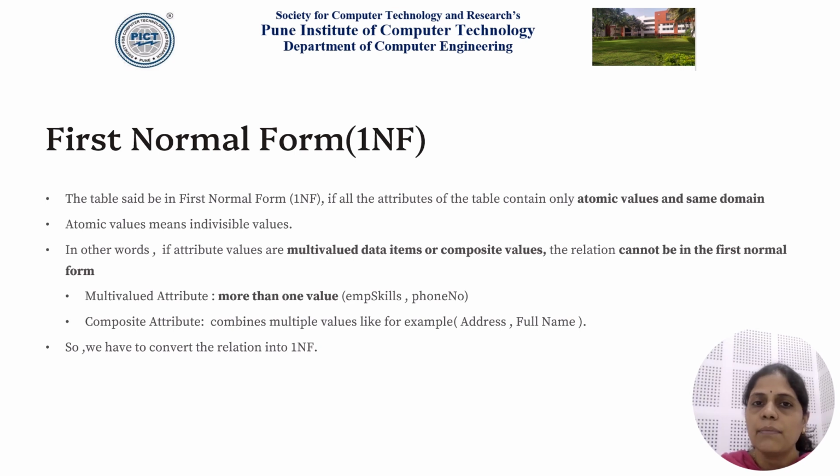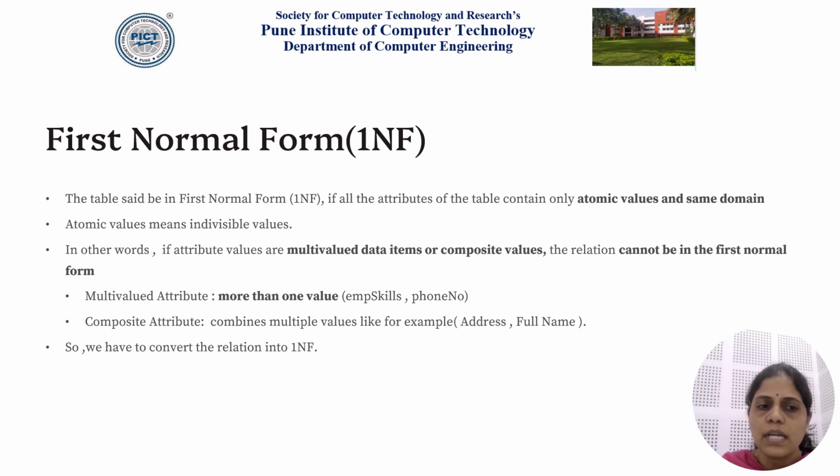I should not be able to divide a value further into subvalues. Only one value should be associated with that attribute, and the values should be of the same domain, like only integer values, or only string values or character values. It should not have a combination of these.